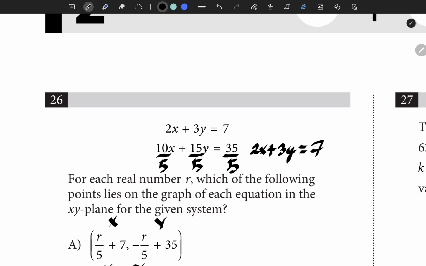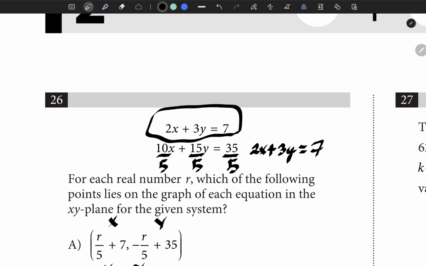That means the two equations are what they call coincident, which means if one point lies on one graph, the same point is also going to be true for the second equation. So if we plug in a point for that one and it works, it's also going to work for the second one.